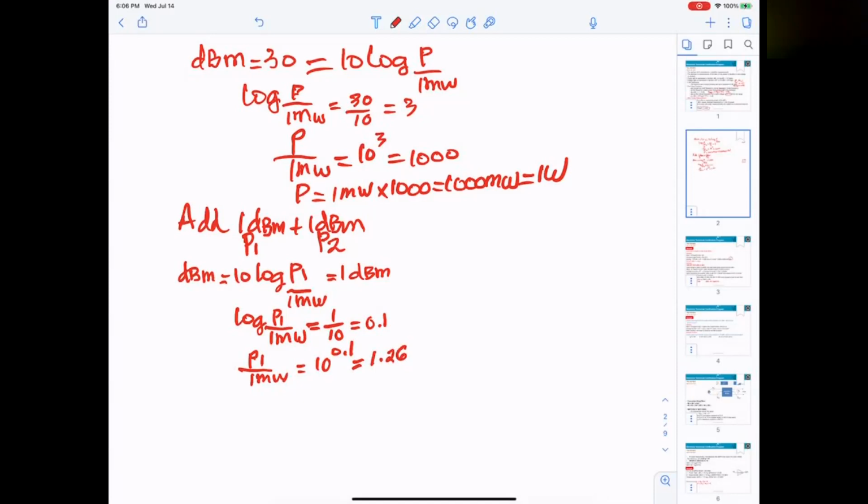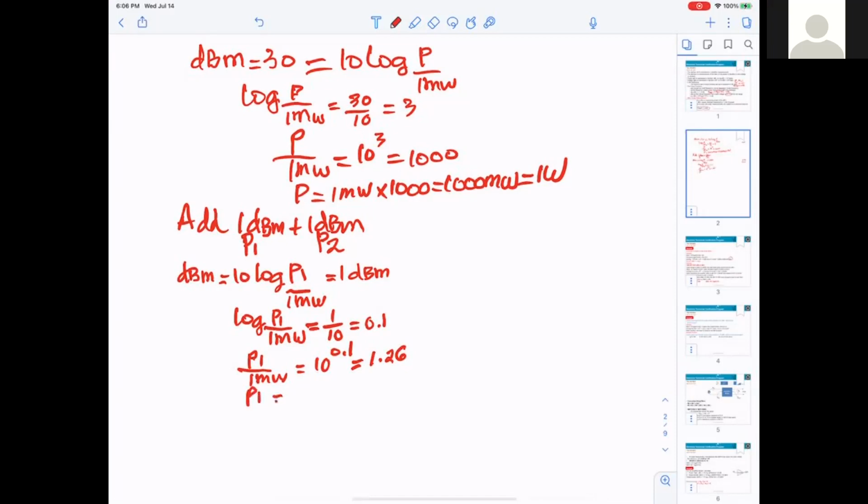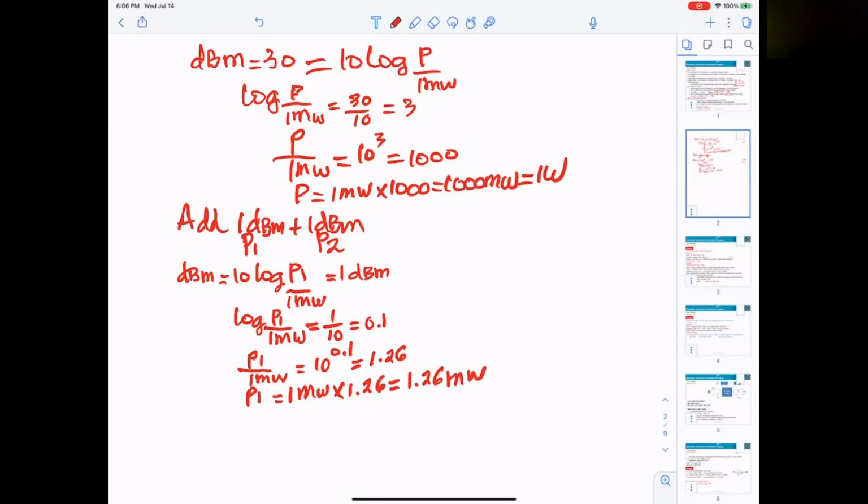Okay, so that will be telling you P1 equals 1 milliwatt times 1.26, and that comes up to 1.26 milliwatt. Okay, up to this point, any question?